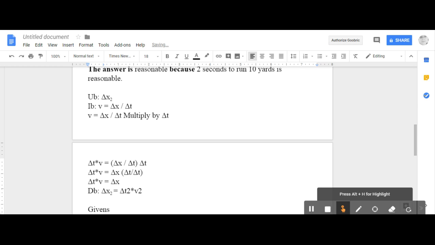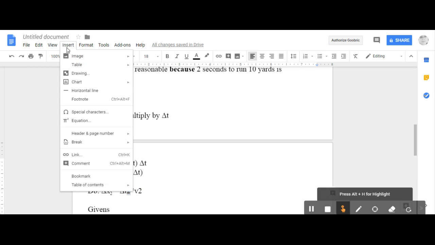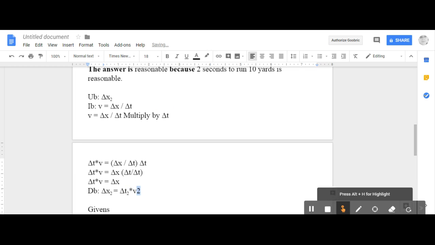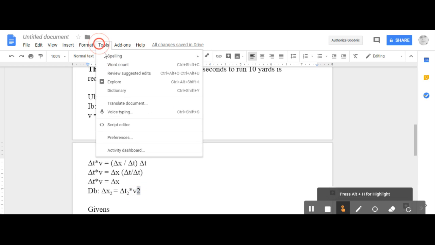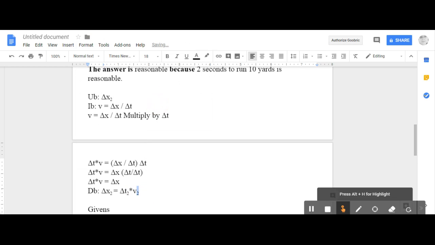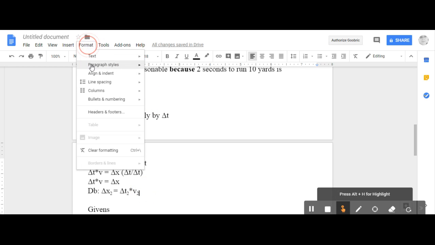Because we're talking about x2, so we need the second time and the second velocity. And I'm giving them subscripts, so I'm not putting them to the power.